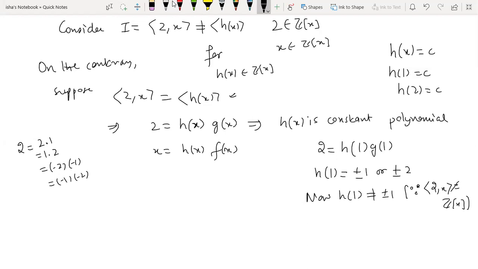Because if the h polynomial turns out to be a unit, the ideal generated by a unit element is the complete ring itself. So that is obviously a contradiction. Therefore h(1) is plus minus 2.